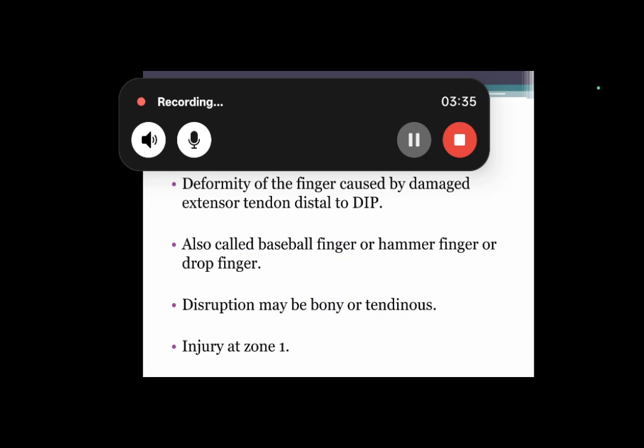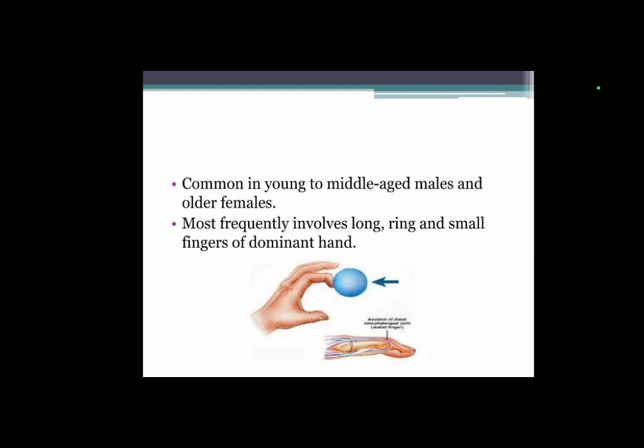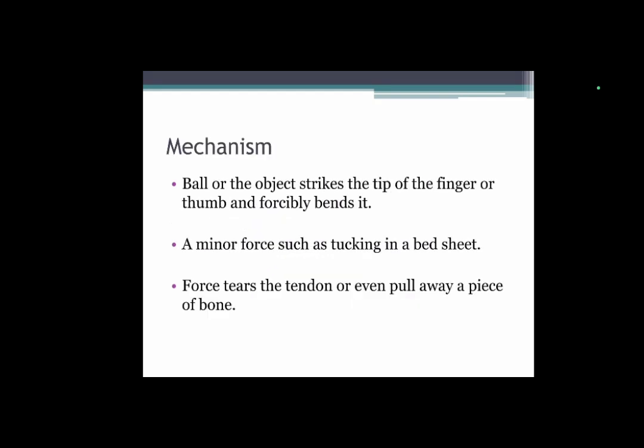Now that we have understood the anatomy involved, let us discuss the causes and mechanism of injury leading to mallet finger. A sudden force strikes the tip of an extended finger.